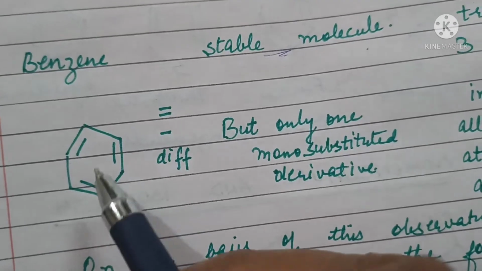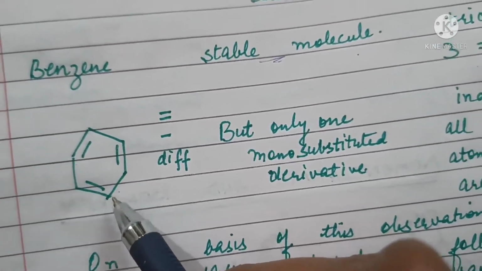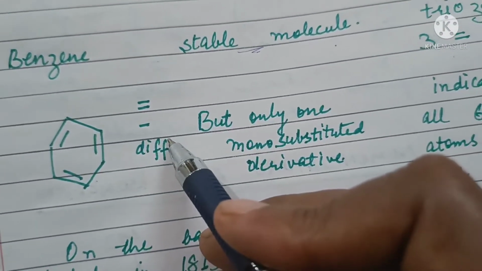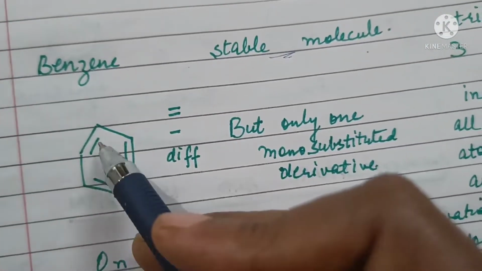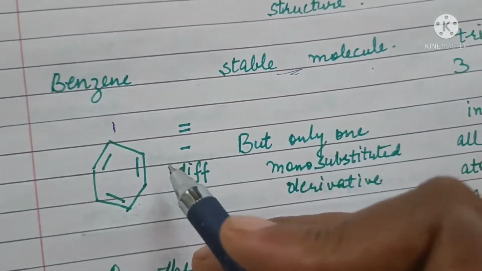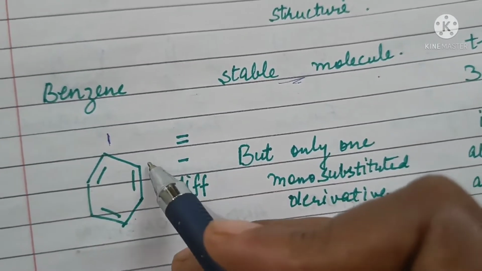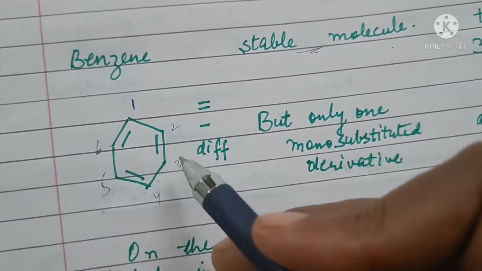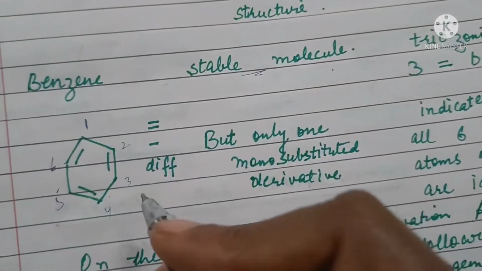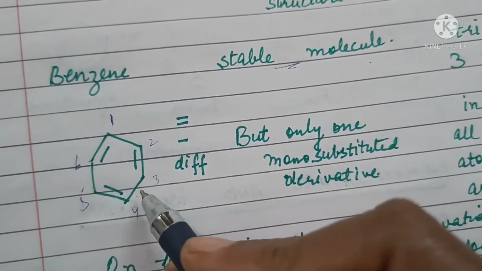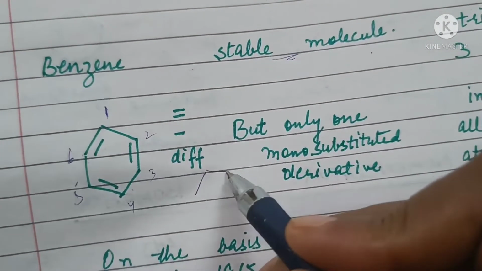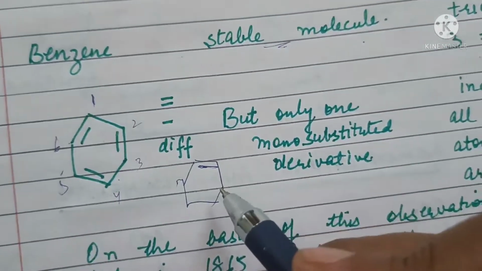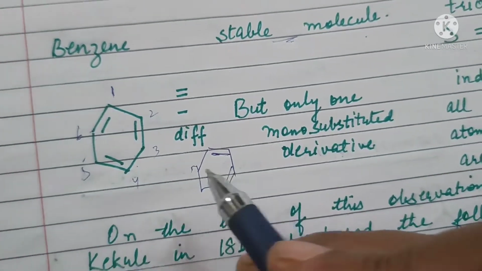But if this was the structure, then the double bond would have a different bond length than the single bond, and there would be 2 such structures, one with double bonds between 1 and 2, 3 and 4, 5 and 6, then between 1 and 6, 2 and 3, and 4 and 5. Where there is a single bond in the previous structure, there could be a double bond, and two such structures should have come.